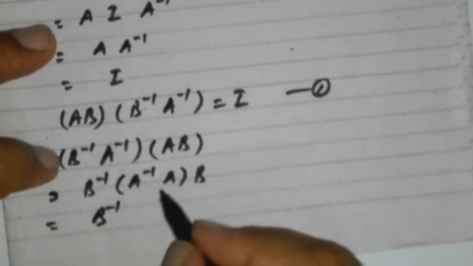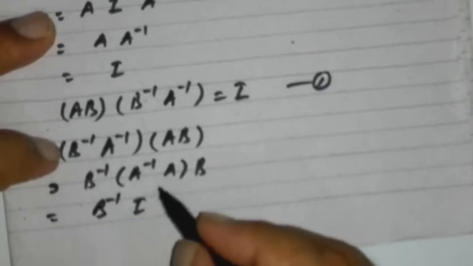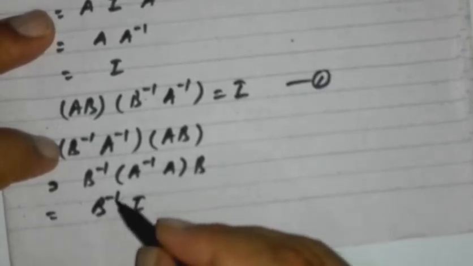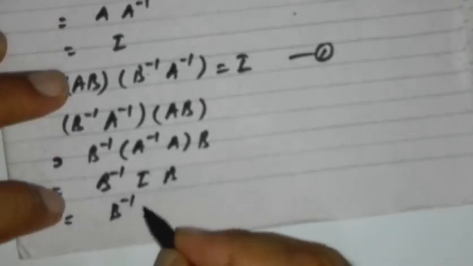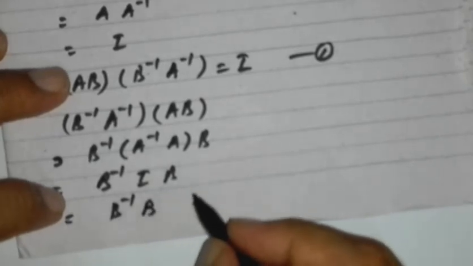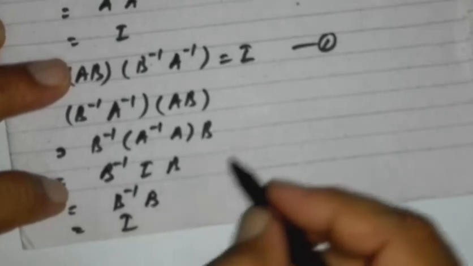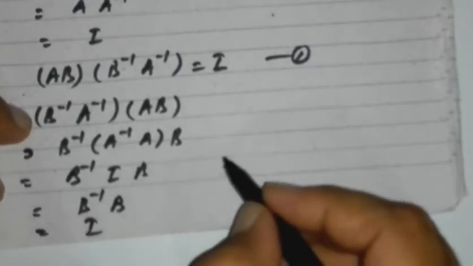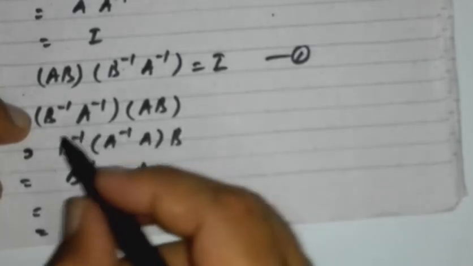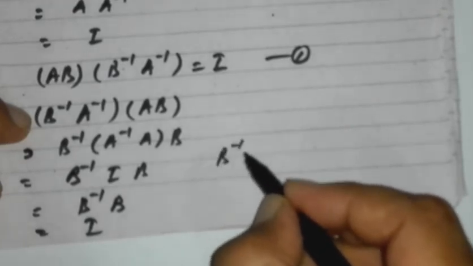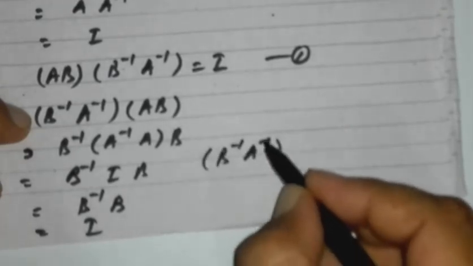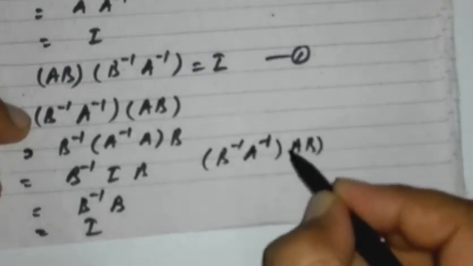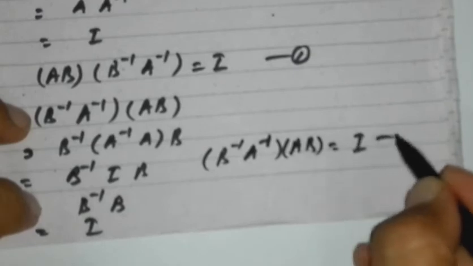Now B inverse A inverse A are inverses of each other, so we can write B inverse I into B, and I into B inverse is B inverse, and B inverse B again gives I. So by multiplying these two, B inverse A inverse into AB, again we get I. Say this is 2.